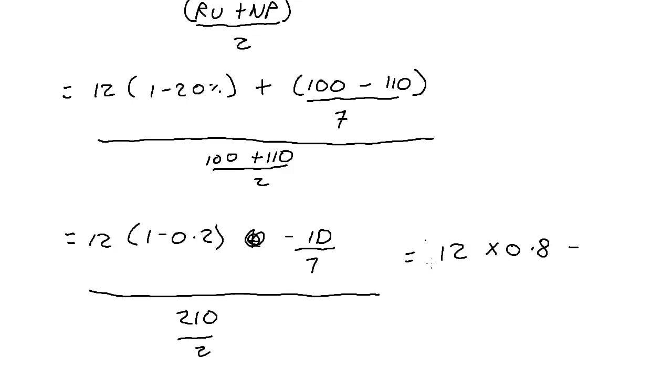I think 1.43 should be enough. Minus 1.43 upon 210 upon 2, do it on the calculator, you'll get 105.